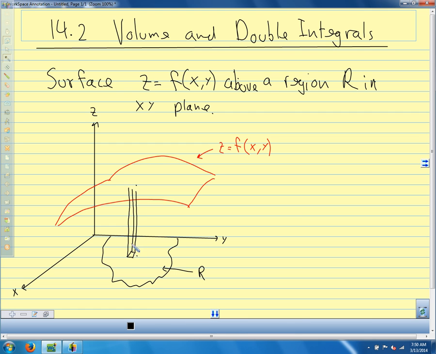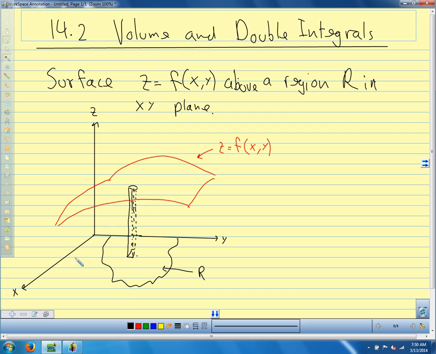And we're going to have a little piece of this solid. Let me make this one dotted back here. Like so. And we get a little piece of this, the top of this approximately rectangular prism up here on the surface.